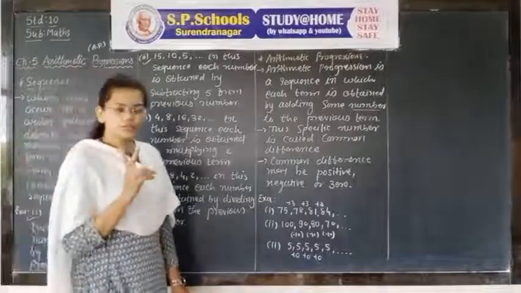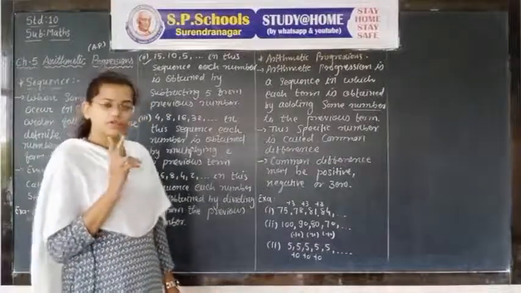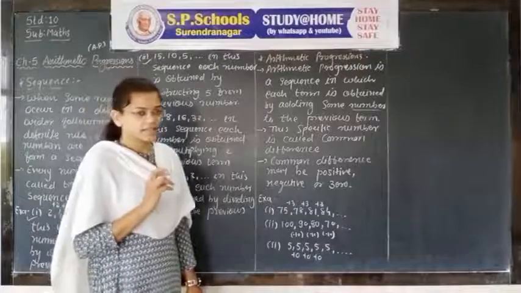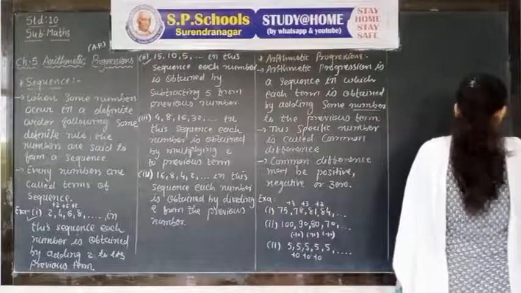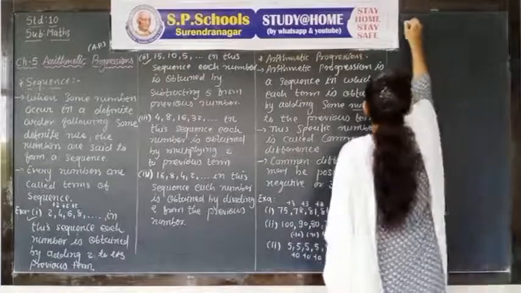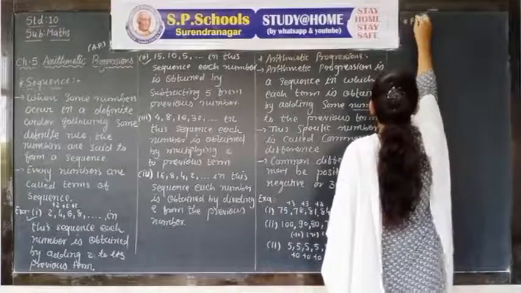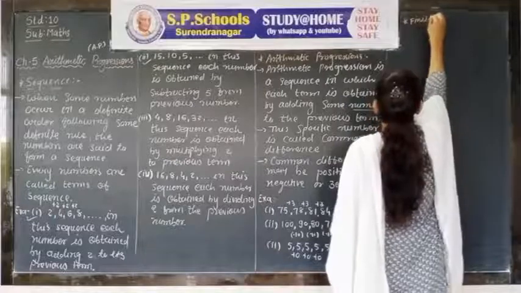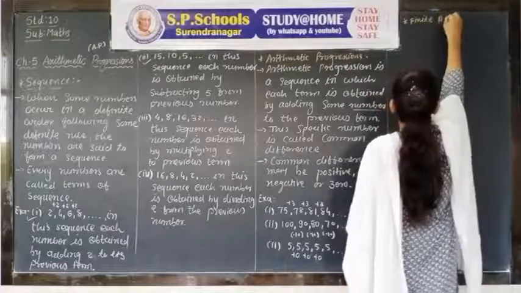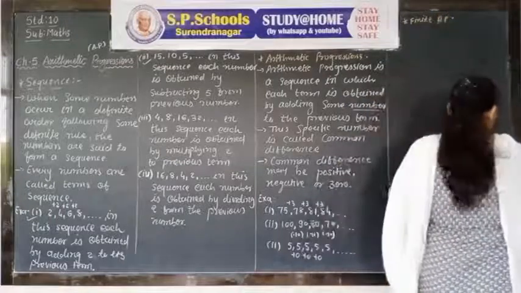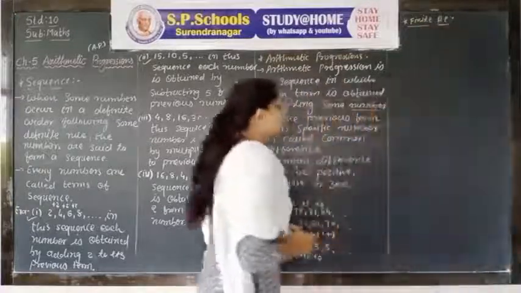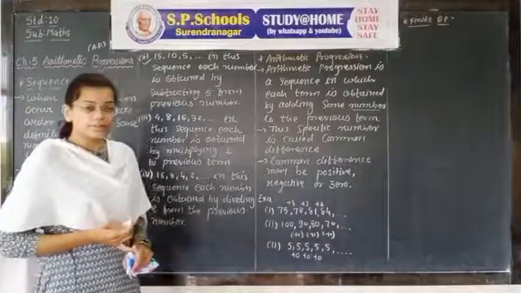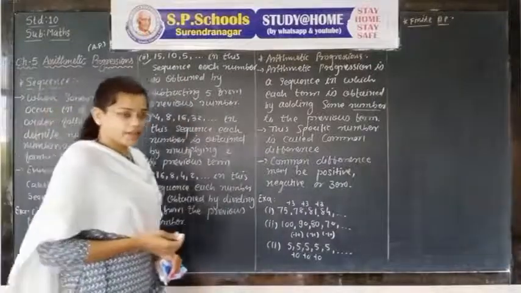Now there are 2 types of arithmetic progression. One is finite AP and the second is infinite AP. In a finite arithmetic progression, the number of terms in the AP is finite.